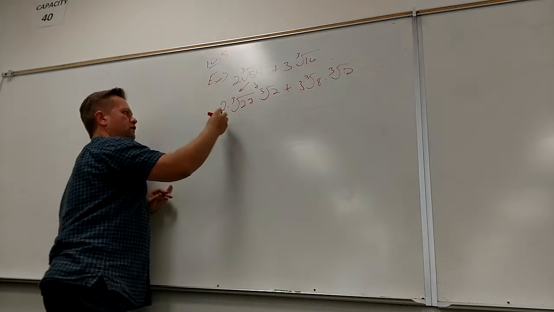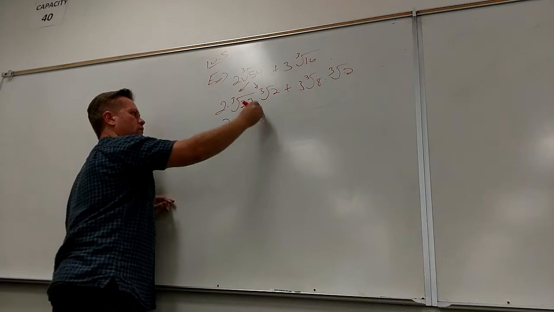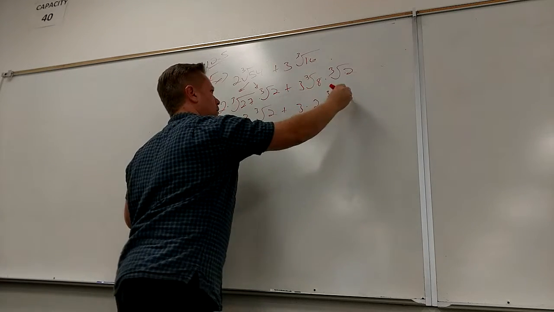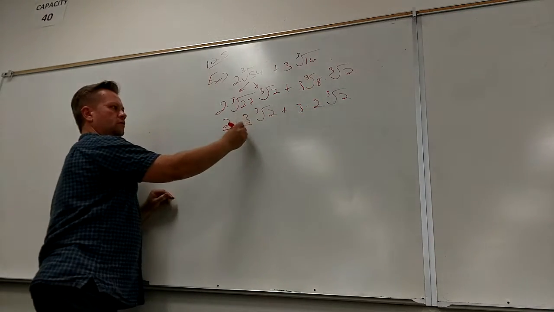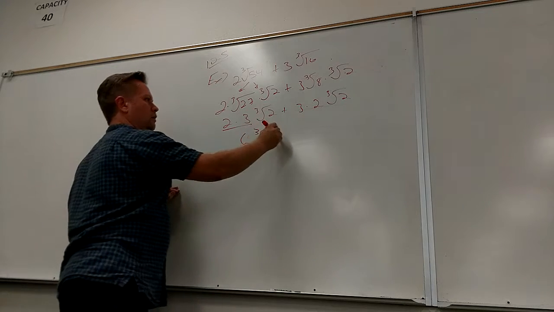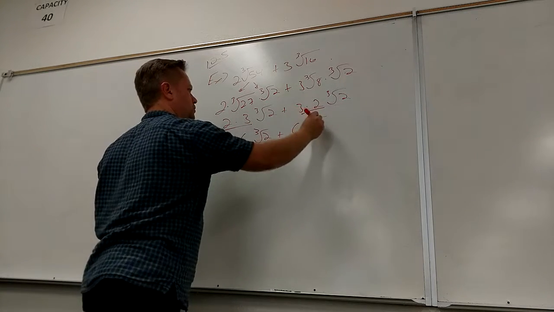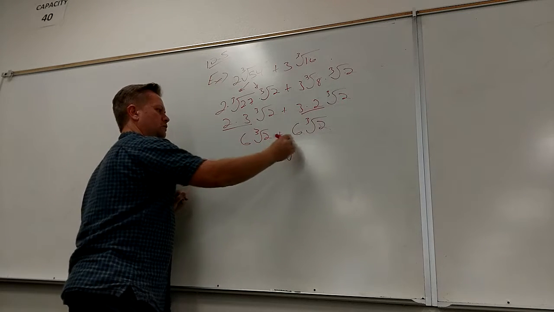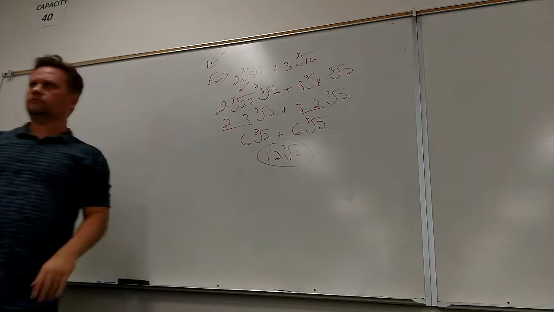What is the cube root of 27? 3. What is the cube root of 8? 2. So I get 6 cube roots of 2 plus 6 more cube roots of 2 makes 12 cube roots of 2. Bam.